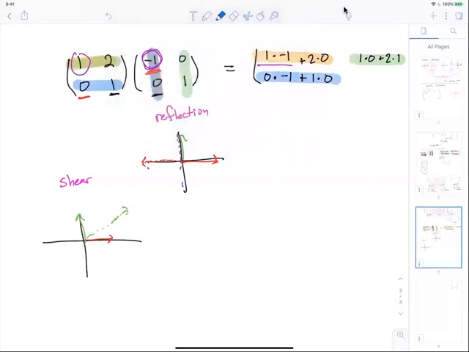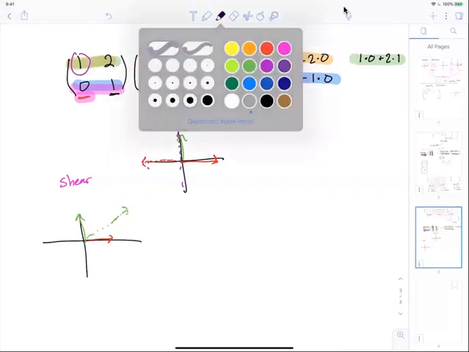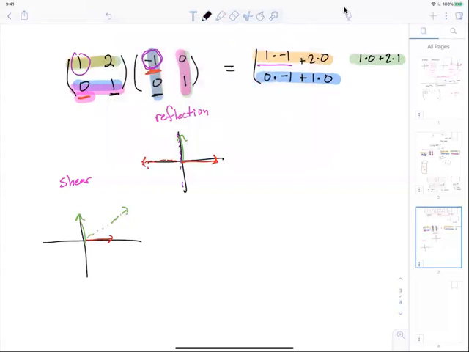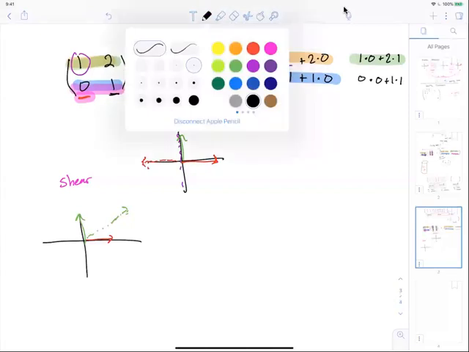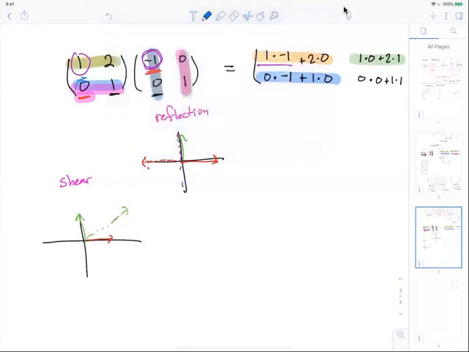And then finally for the last one, we're going to take the second row, second column, and we're going to end up with 0 times 0 plus 1 times 1. And all together, when we simplify this, what do we get? We get that the single transformation that we get is minus 1, 2, 0, and 1.